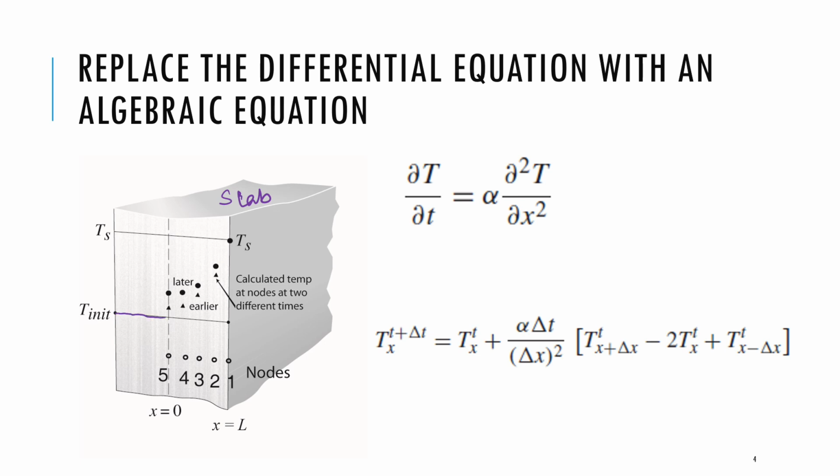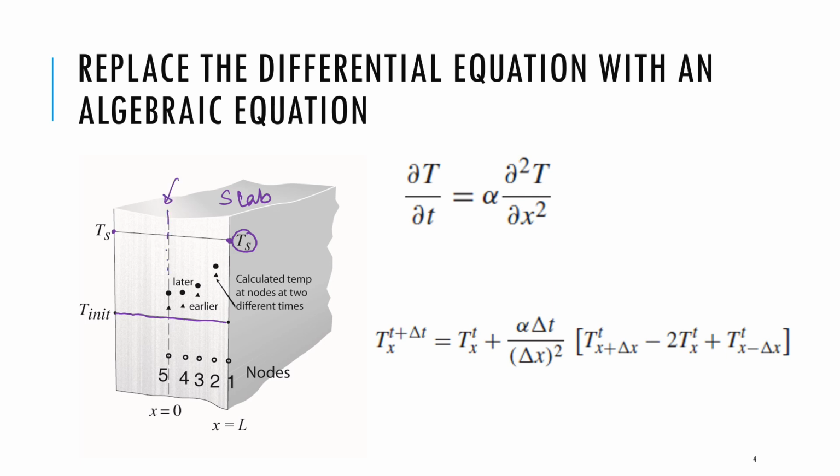Initially it's at this temperature, and it starts to be heated with the temperature on the surface being changed to this. And so the two boundary conditions are the surface temperature is given and it is symmetric.